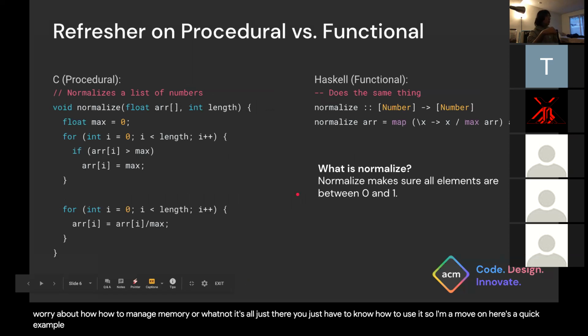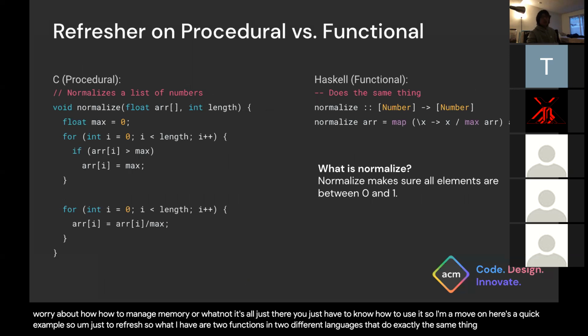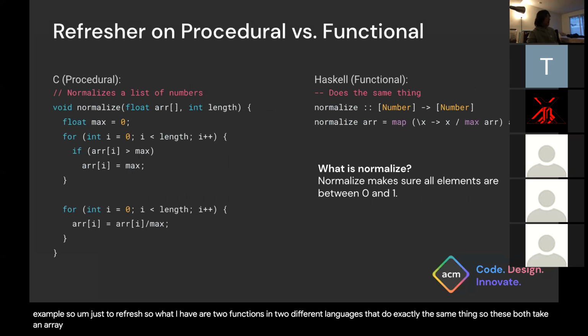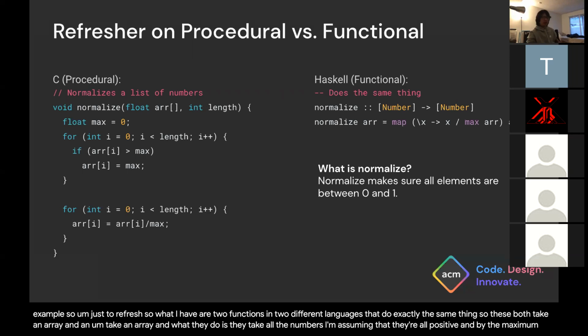Here's a quick example. So just to refresh, what I have are two functions in two different languages that do exactly the same thing. So these both take an array and a number. Take an array, and what they do is they take all the numbers, I'm assuming that they're all positive, and divide them all by the maximum number in the array.